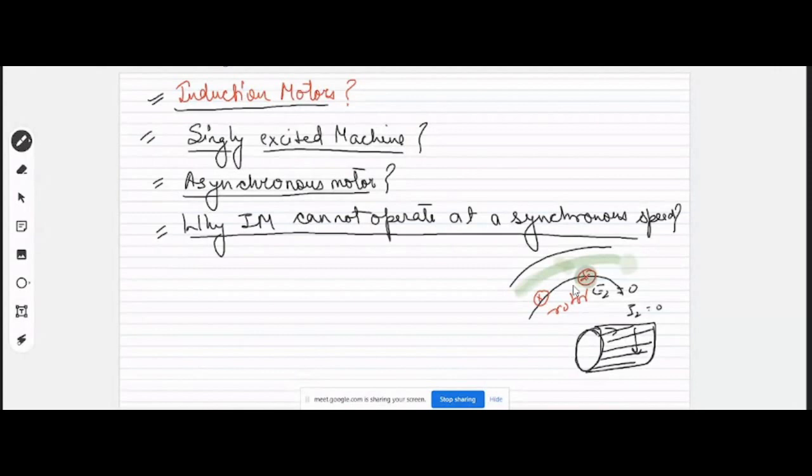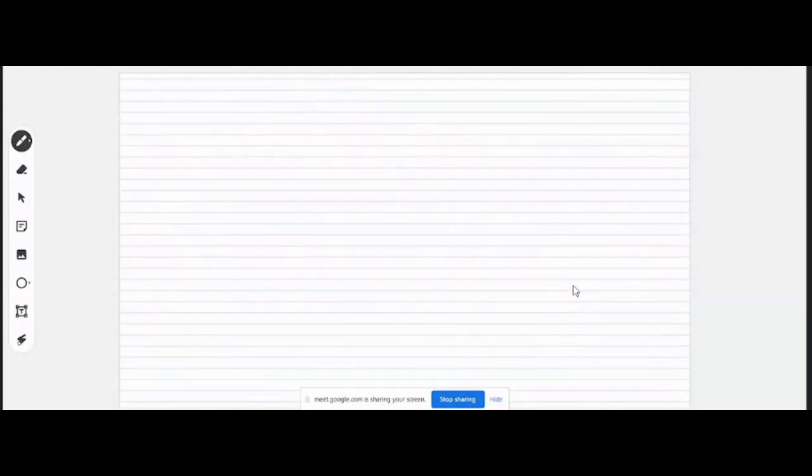Let us move ahead. See, we have already studied the equivalent circuits, that is, the per phase equivalent circuit of the induction motor, right? We have already studied how we develop this per phase equivalent circuit. Obviously, why do we develop it?